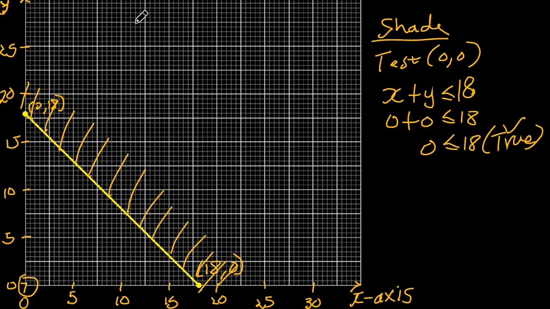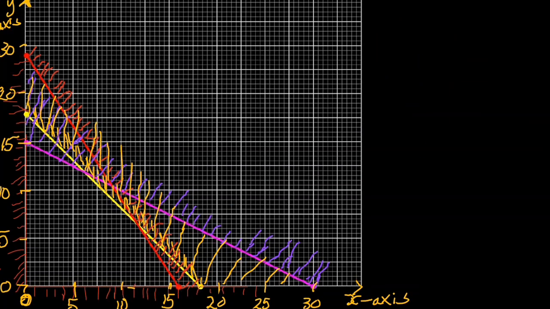So after plotting all the 5 lines that I have identified using the inequalities, this being x equals 0, this being y equals 0, I have shaded them with red, both of them. Then the next line is this red one, which is 3x plus 2y equals 48. Remember the inequality? When you have drawn the line, identify the inequality using equal signs.